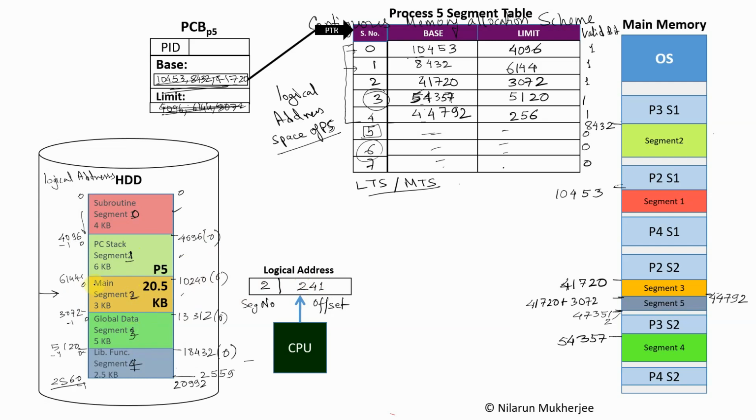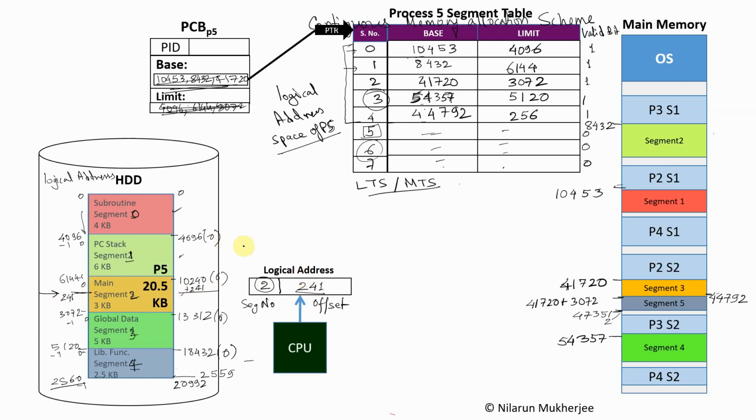So segment number 2, and it wants to access or write data here. So it is this plus 241, somewhere here it will be.